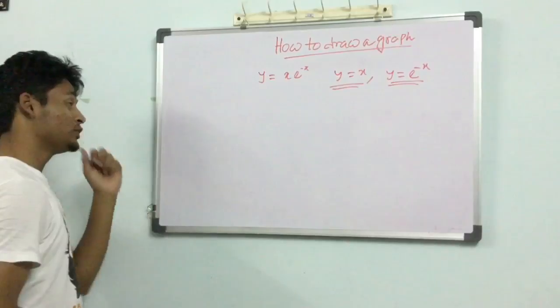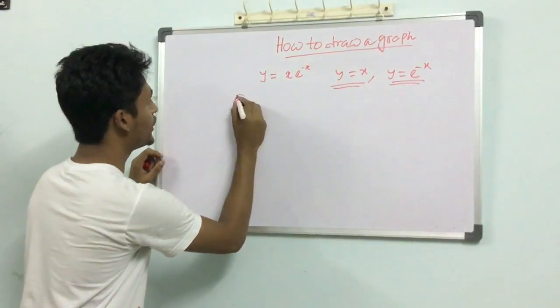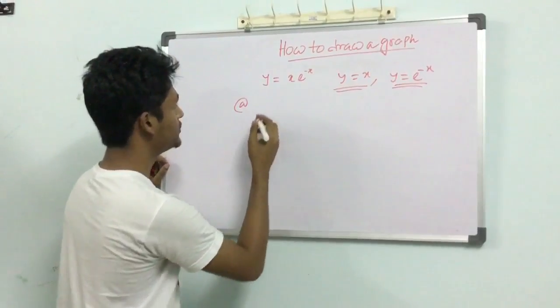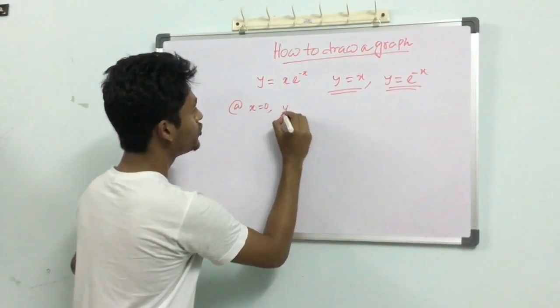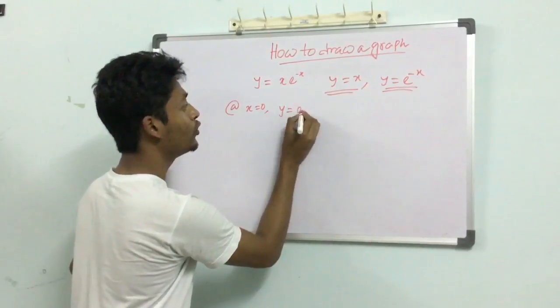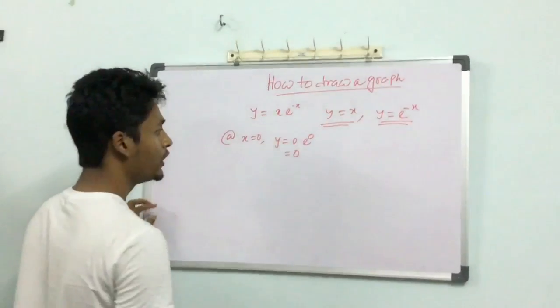As you know, you just have to take some points and find out the value. x equal to 0, y is going to be 0 times e to the power 0, this is going to be 0.